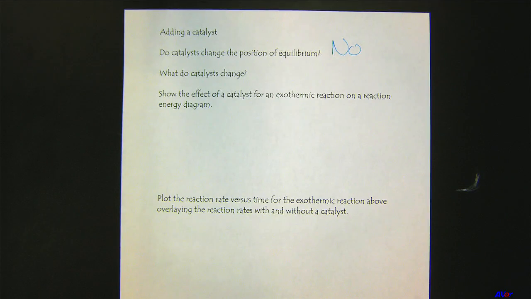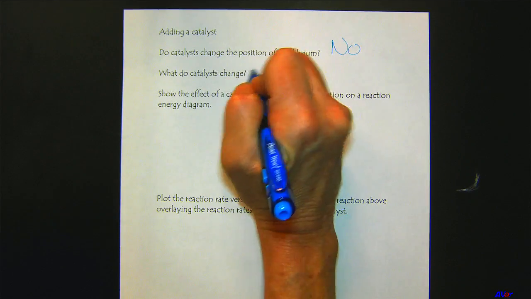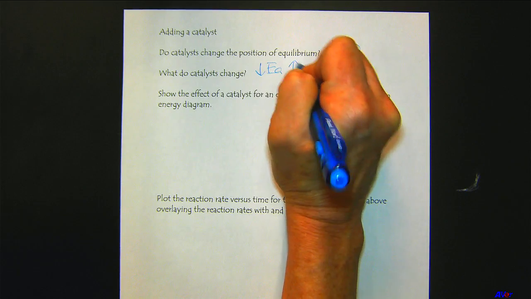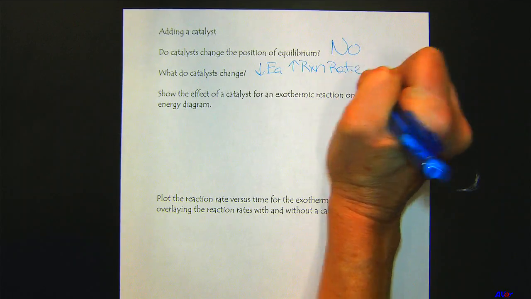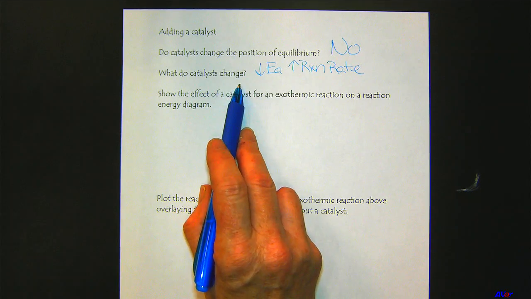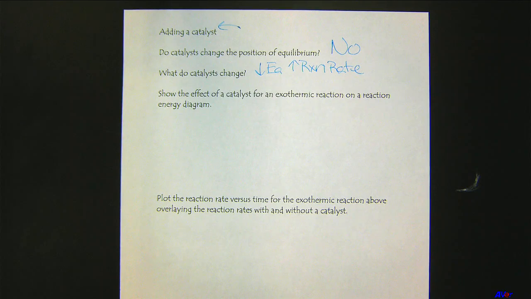No. What does a catalyst change? The catalyst decreases the activation energy, which increases the reaction rate. So basically, what a catalyst does is it lets the reaction get to equilibrium faster, but it doesn't change the position of equilibrium.